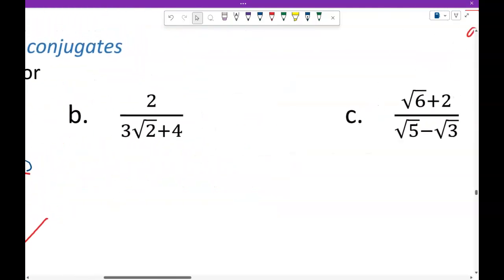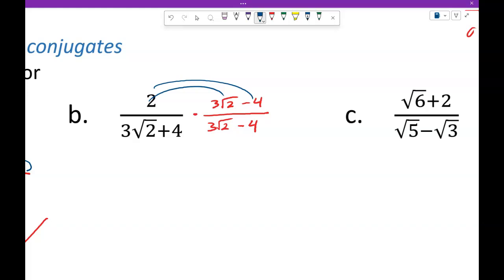Here we're going to go ahead and write our conjugate. So our denominator is 3 square root 2 minus 4, the same terms but the opposite operation. Distribute in the numerator, we get 6 root 2 minus 8. In the denominator, we can distribute all 4 times, but we can also remember that our shortcut is going to be a squared minus b squared.